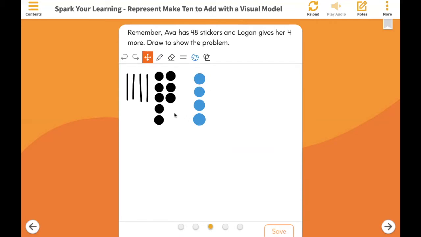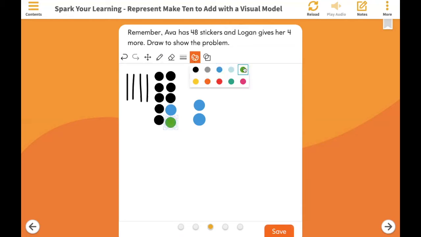What I'm going to do is count on to make a group of 10. So let's go ahead and move these over. I have 9 and 10. And that gives me one whole group of 10.